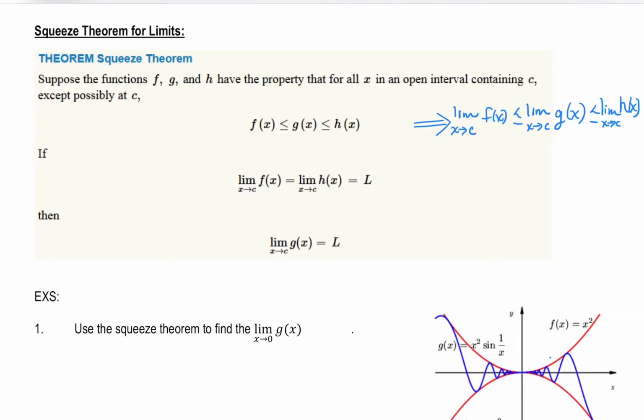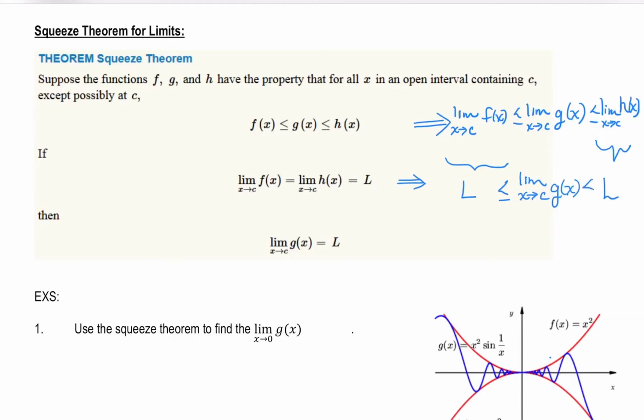All right, well then, if I know that the limit as x approaches c of f of x is equal to L, and if I also know that the limit as x approaches c of h of x is equal to L, now I have some quantity that I'm in search of, the limit as x approaches c of g of x.